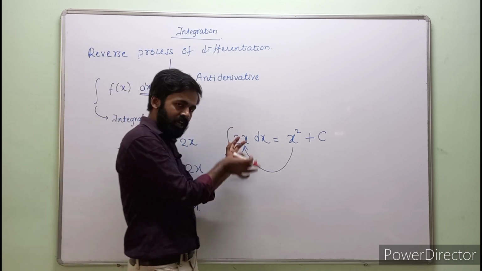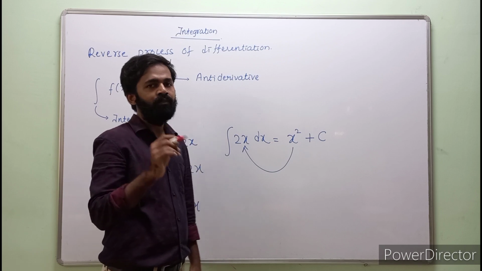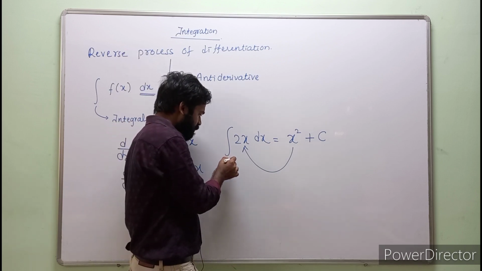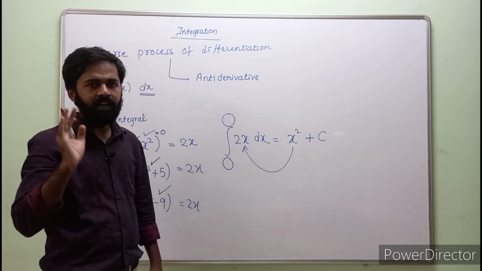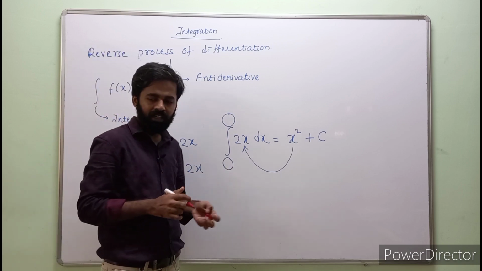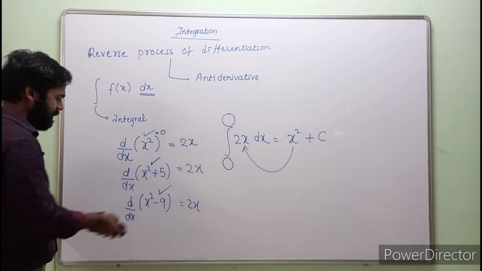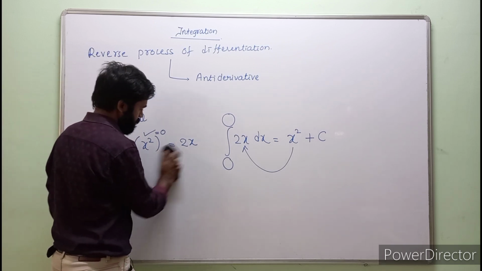Such type of integrals are known as indefinite integrals, because here we are not mentioning any limits, from where to where we are integrating. Such type of integrals are known as what? Indefinite integrals.